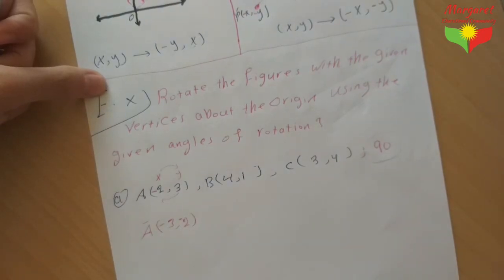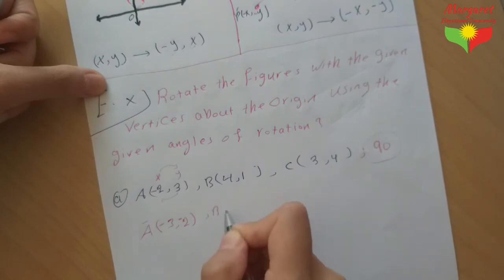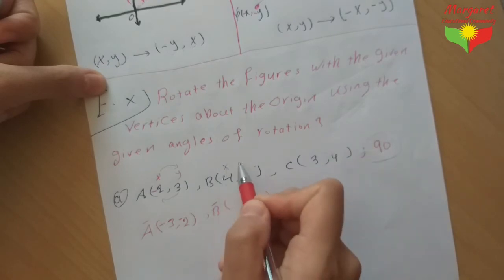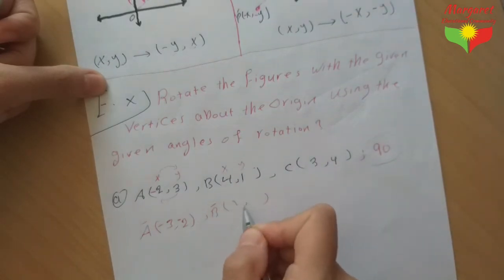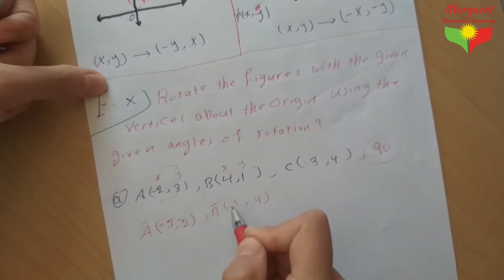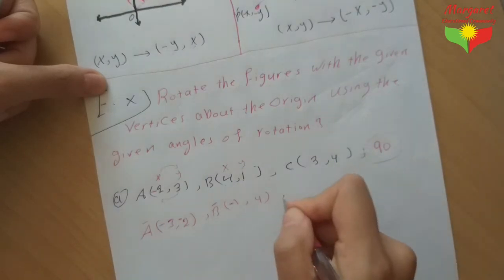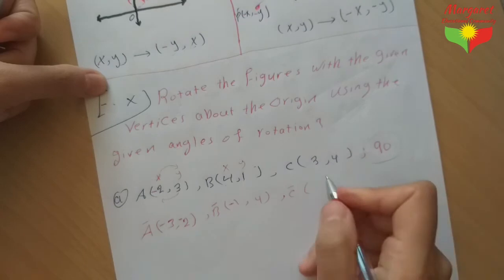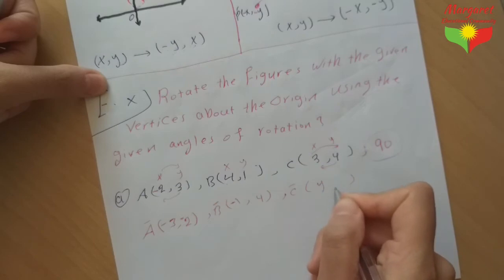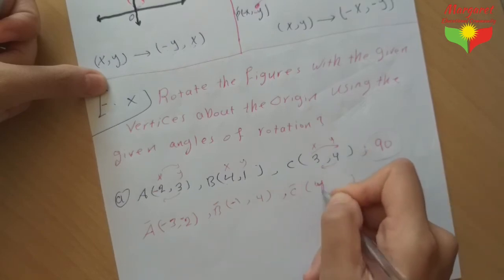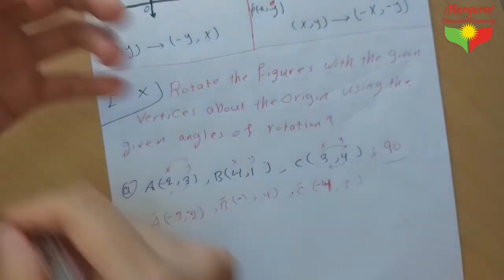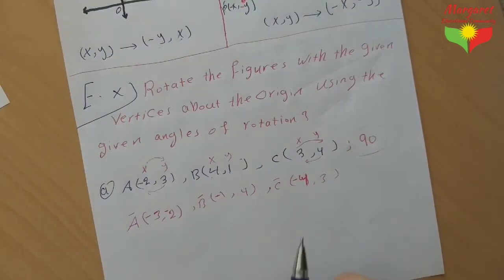For point B, B prime: change the value xy, 1 and 4, and also change the value y, +1 changes to -1. For point C prime, change the value xy, so the value y is number 4, change the sign.